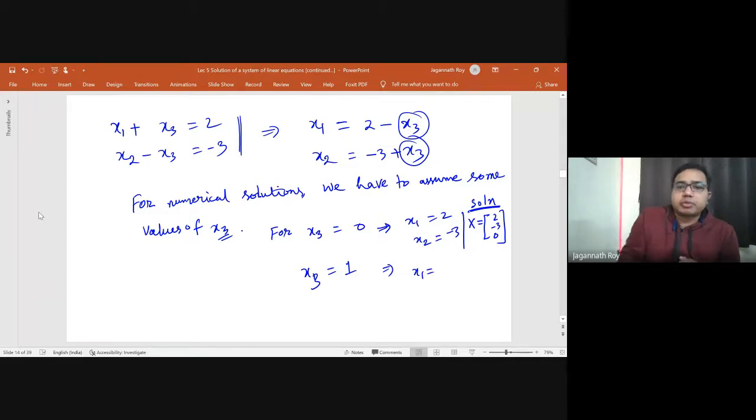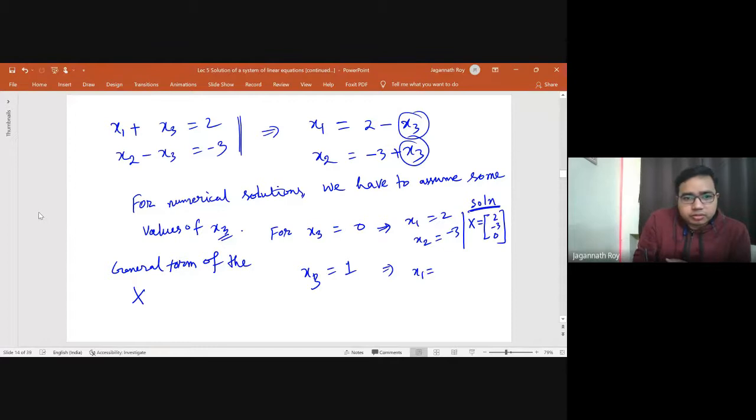In fact, if you want to write the general form of the solution of the system, it can be written as x equals 2 minus x3, minus 3 plus x3, and x3.